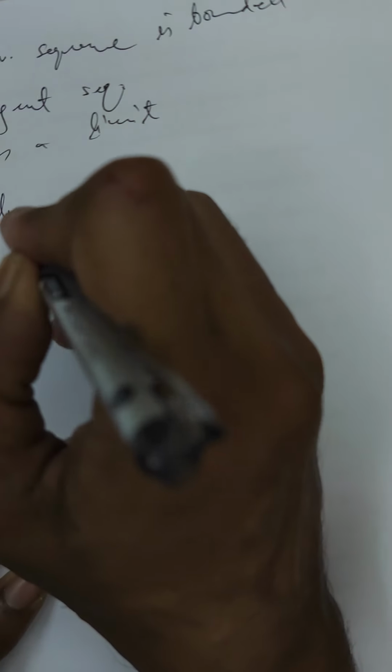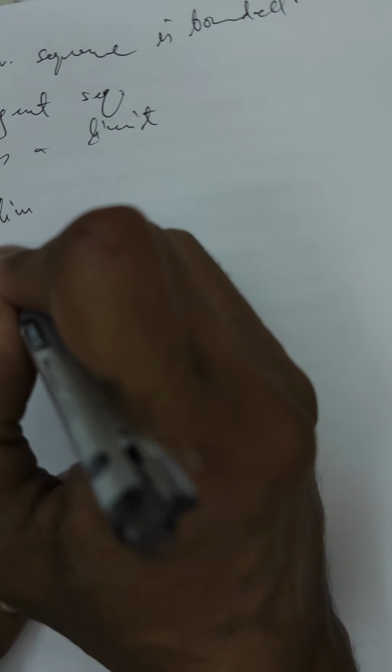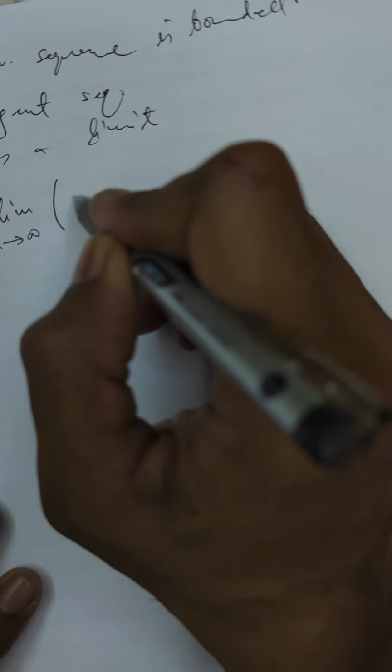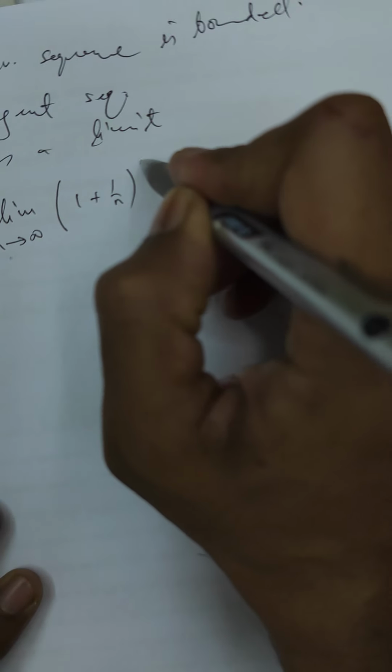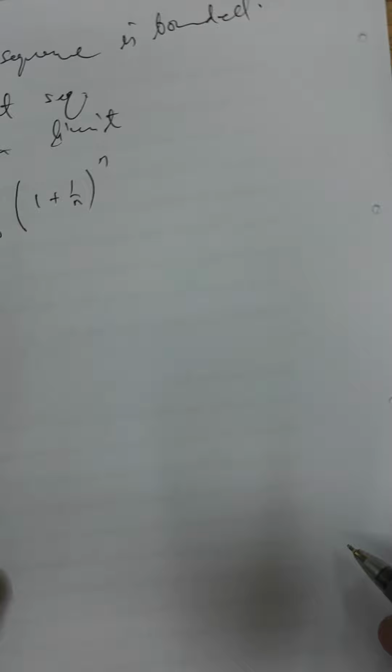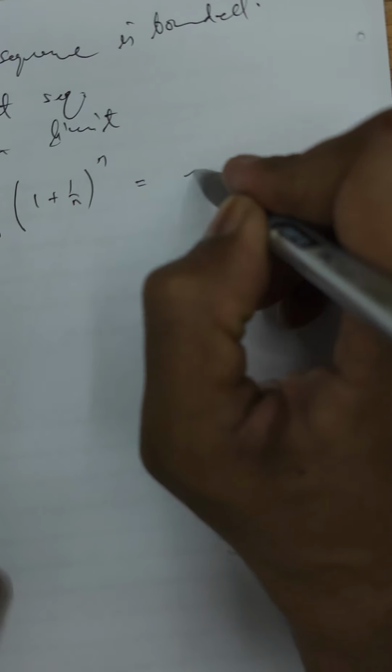There's a limit, which means if we take the limit of our sequence as n goes to infinity, our sequence is 1 plus 1 over n to the power of n. This gives you e. Alright?